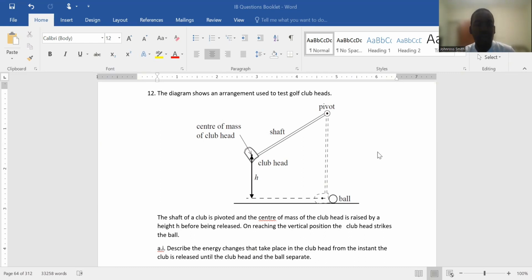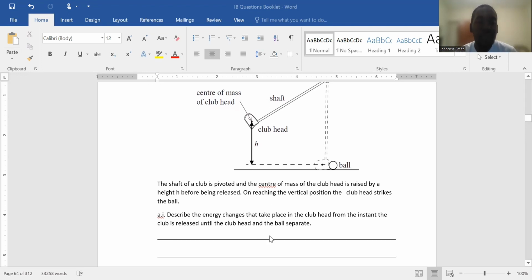The shaft of a club is pivoted and the center of mass of the club head is raised by a height h before being released. After reaching the vertical position, the club head strikes the ball. First part, describe the energy changes that take place in the club head from the instant the club is released until the club head and the ball separate.